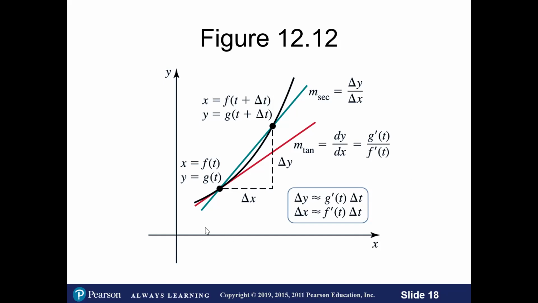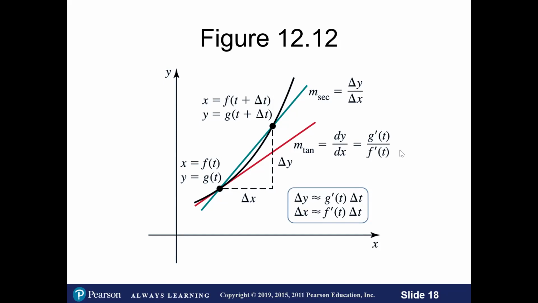So suppose the black curve here is an arbitrary parametric curve described by x equals f of t, y equals g of t. And I want to find, at the point t, the slope of the tangent line through there. Now, what I can do is pick a point a little ways from t, the point t plus delta t.